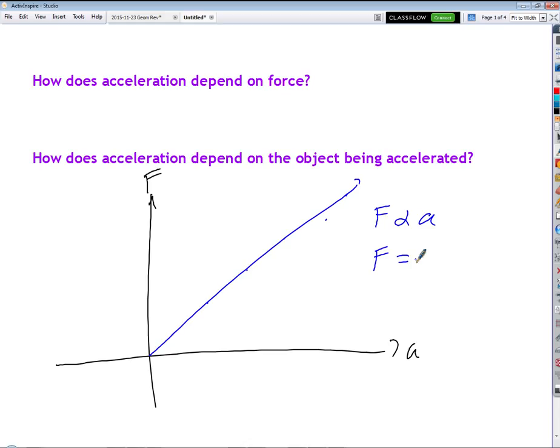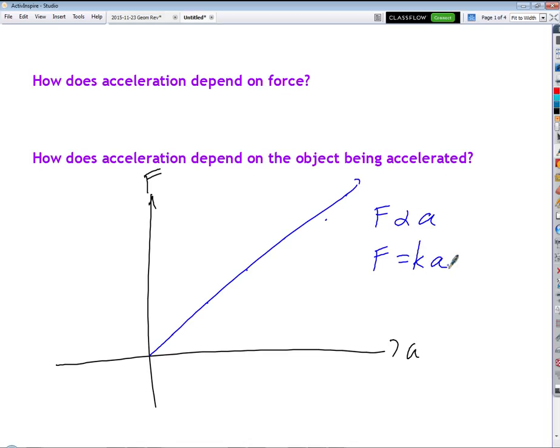You'd probably learned that before, but pretend you hadn't. It's just some constant times A, where K is the constant of proportionality, and we know from math that the constant of proportionality is going to end up being the slope, right? This is a direct variation equation. So sure enough, this is just another way of saying force is proportional to acceleration.